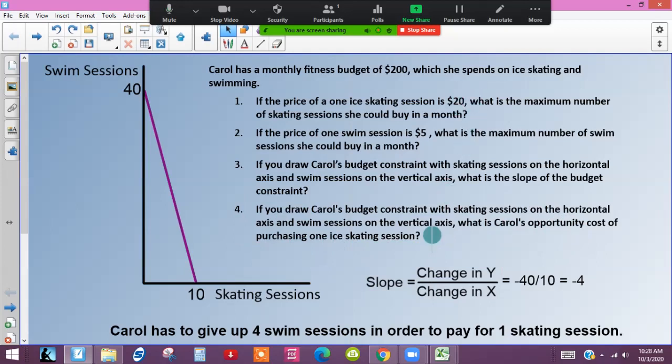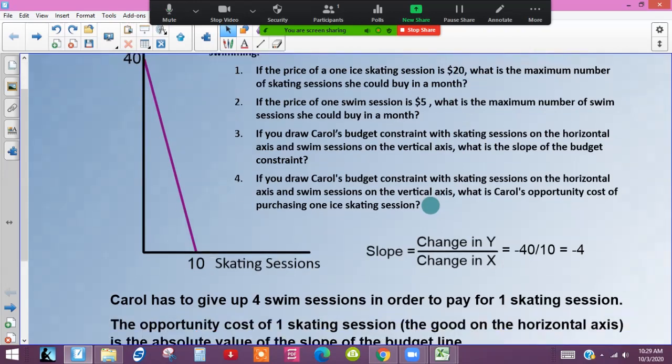So in order for her to purchase one more skating session, she would have to give up 4 swim sessions, because 5 times 4 is 20, right? So that's one way that we can figure it out.